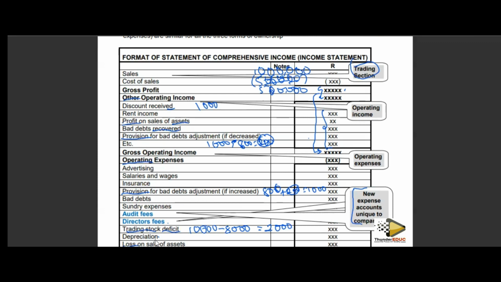Then I already explained this when I was doing profit on sale of assets, but let me repeat it. We have loss on sale of assets. I said that, for example, if the value of our asset in our books, the carrying amount, was 1,000. We had equipment and the carrying amount was 1,000. Then we end up selling it for maybe 800, okay?